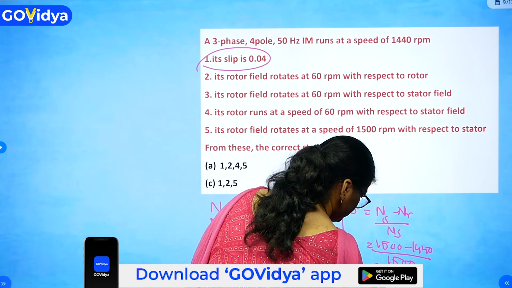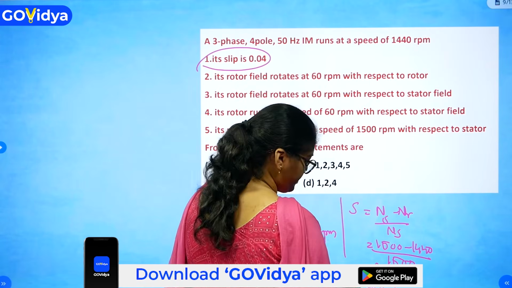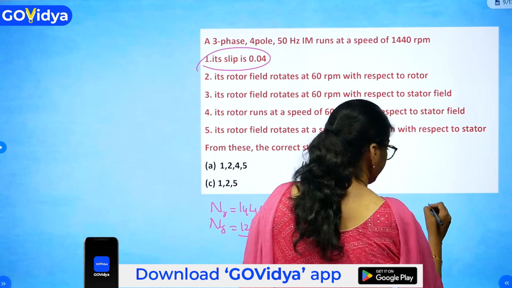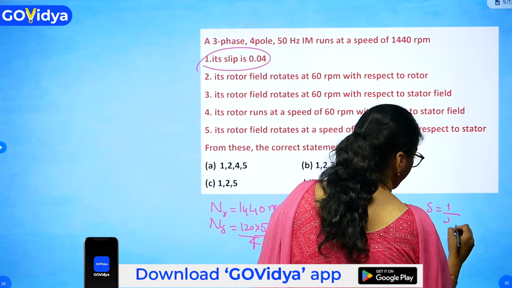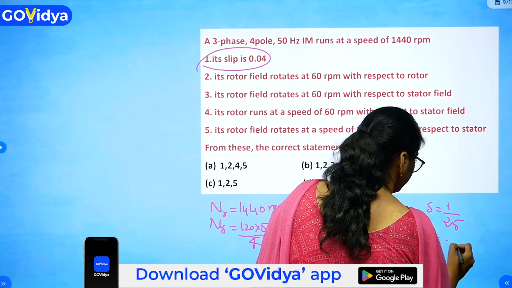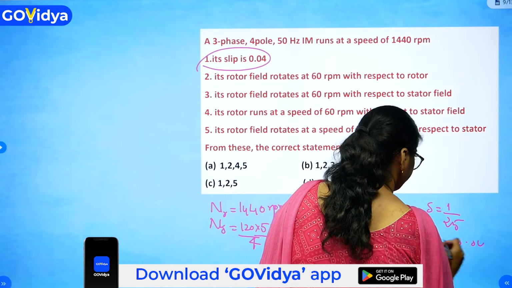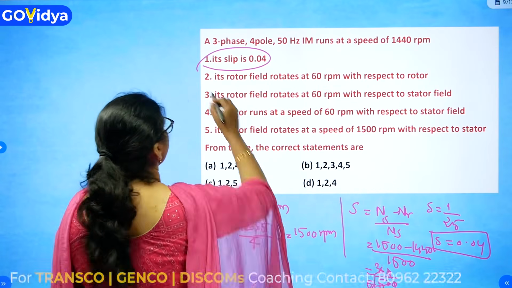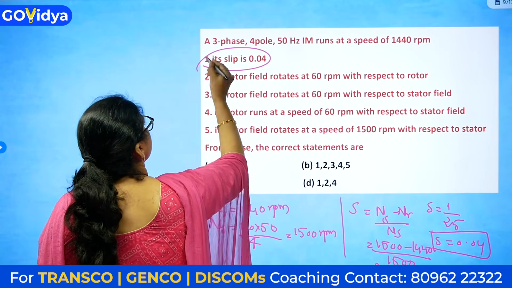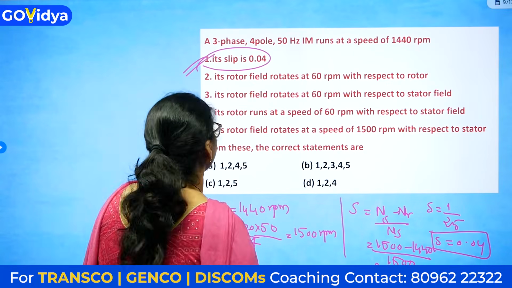Twos are 50s, 3 twos are 350s, so 1 by 25. 1 by 25 is 0.04. So s is equal to 0.04. So the statement that the slip is 0.05 is not correct.